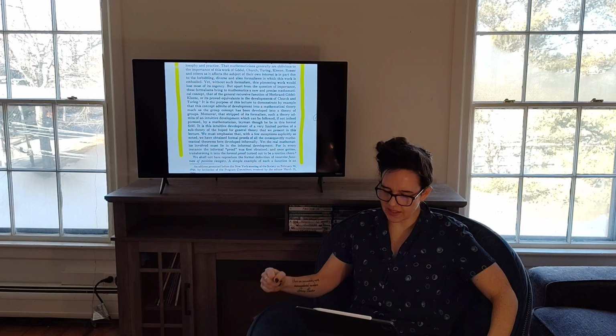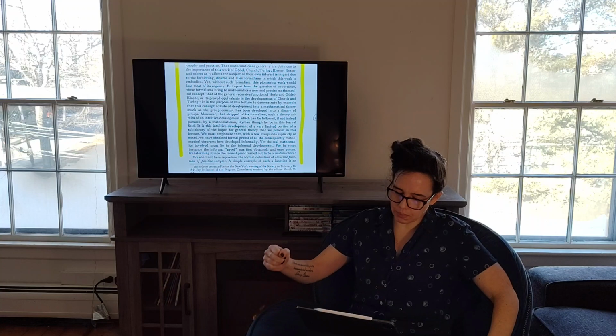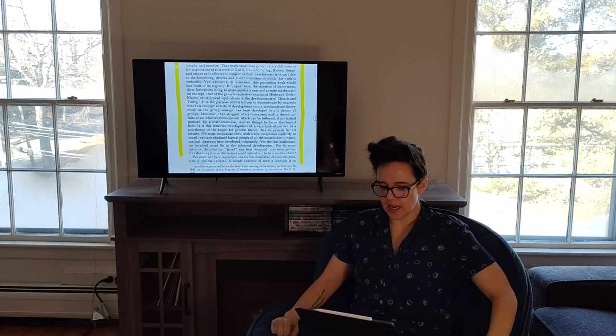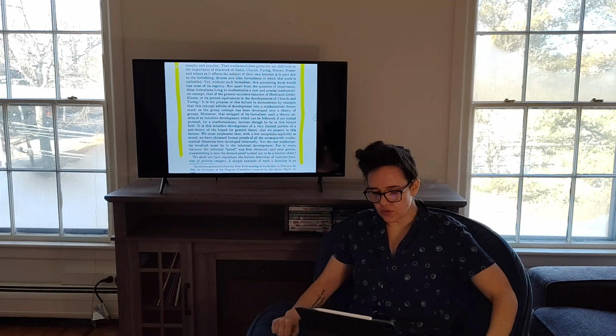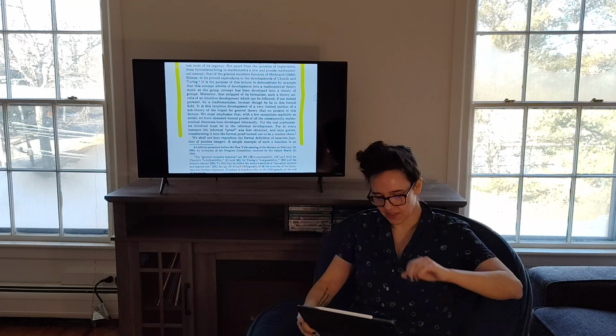We must emphasize that, with a few exceptions, explicitly so noted, we have obtained formal proofs of all the consequently mathematical theorems here developed informally. Yet the real mathematics involved must lie in the informal development. For in every instance the informal proof was first obtained and once gotten, transforming it into a formal proof turned out to be a routine chore.